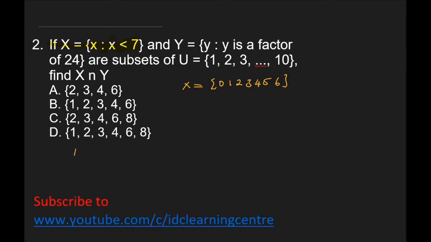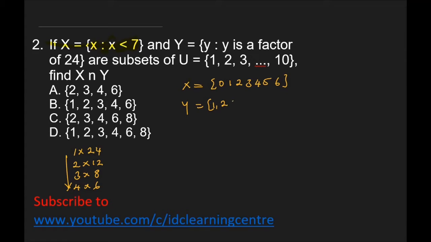Factors of 24 are numbers that can divide 24 without a remainder, such as 1 and 24, 2 times 12 is 24, 3 times 8, 4 times 6, and this here will give you the factors of 24, or numbers that can divide 24.